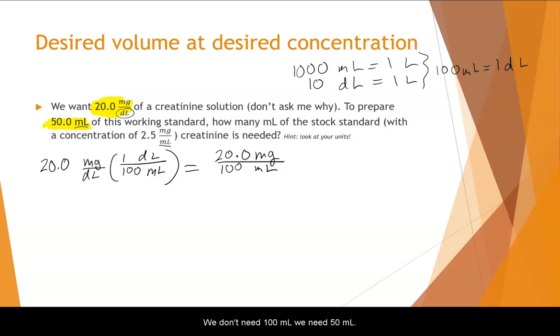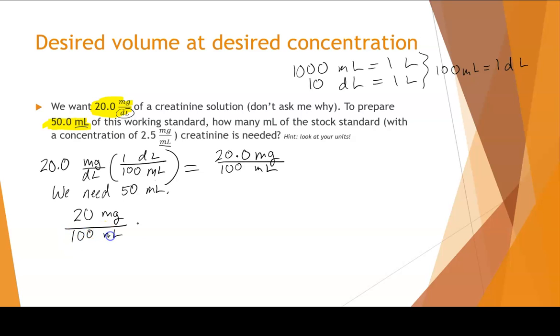We don't need 100 milliliters, we need 50 milliliters. So if we start with 20 milligrams per 100 milliliters, and we want to end up with 50 milliliters, how many milligrams are we going to need?